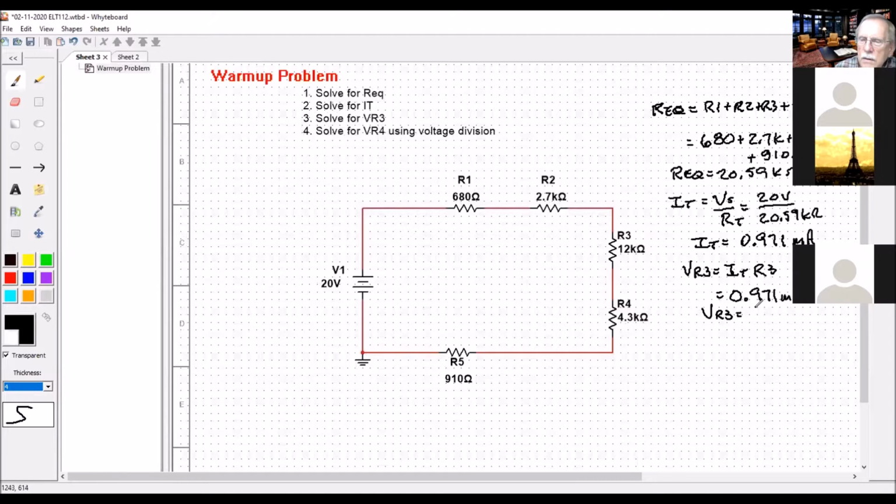It's going to be 11 and change volts. Anybody do that? Yeah, it's 11.65. Well, actually, if you round, it'll be 11.66 volts.